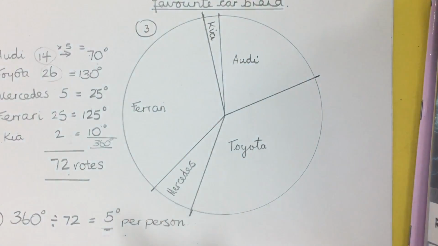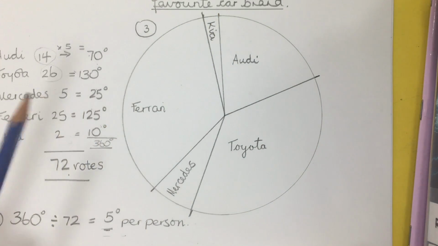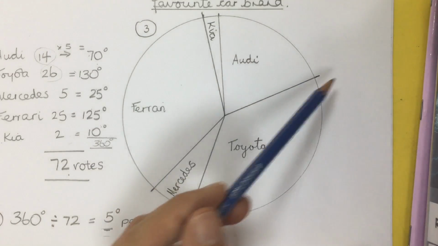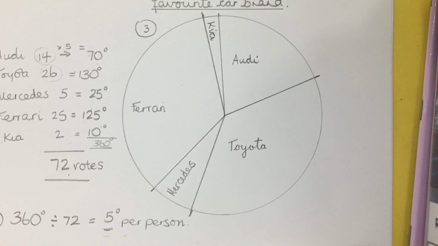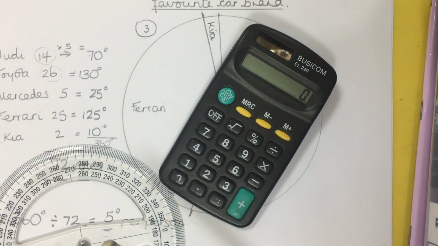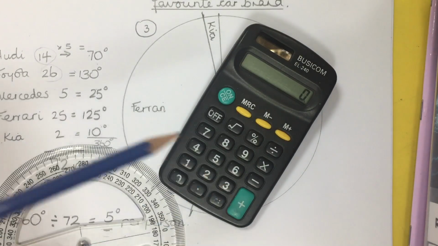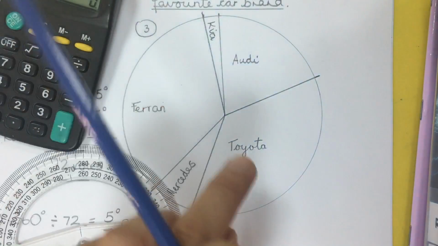Don't miss anything out, otherwise you won't be able to construct an accurate pie chart. Please remember to use pencil, a sharp pencil, probably sharper than the one I'm using now. Remember to use a ruler, and remember to keep your hand steady when you're drawing around the outside of the protractor. And remember, you can use a calculator if you want, because I'm not testing your multiplication, I'm testing your ability to draw a pie chart accurately.